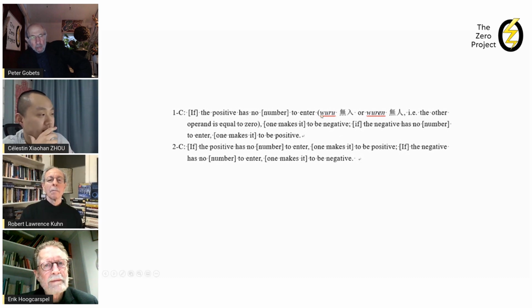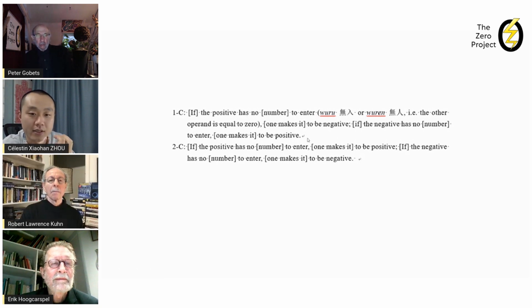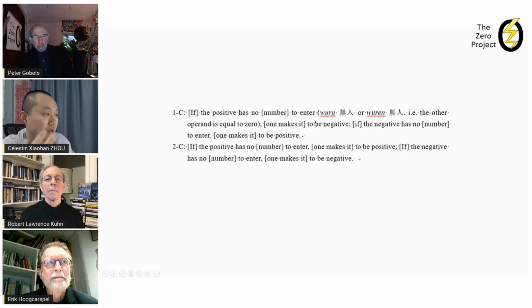Even though in the two rules no numeral 0 is stated, and he just used no place to enter, no company, the rules are stated clearly, and they can be adopted to solve very complicated simultaneous equations. So that's my point. Even though there is no numeral 0, the rules are given and used very well.